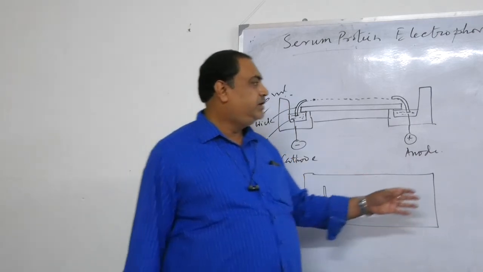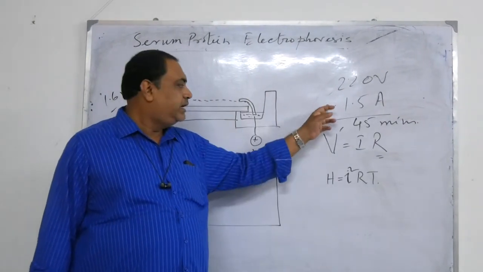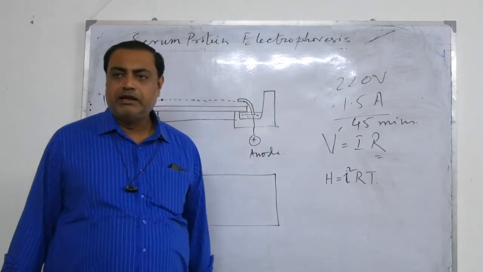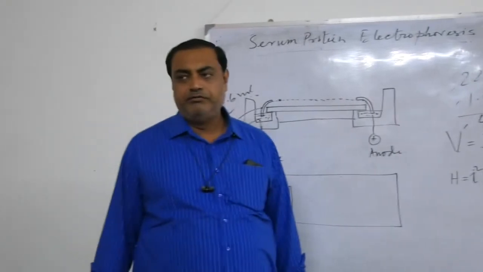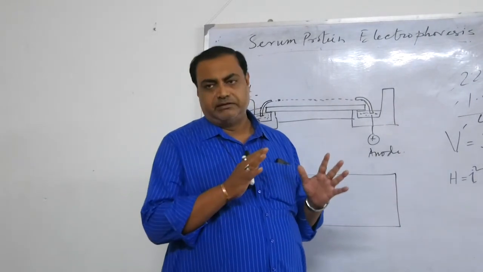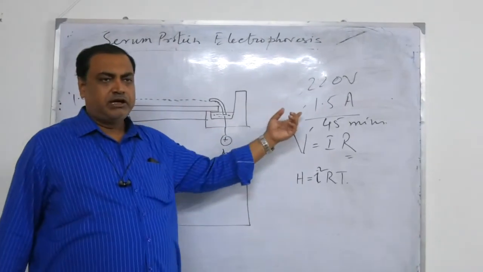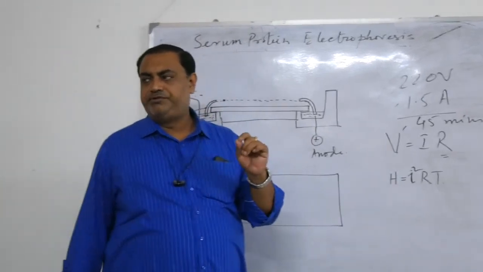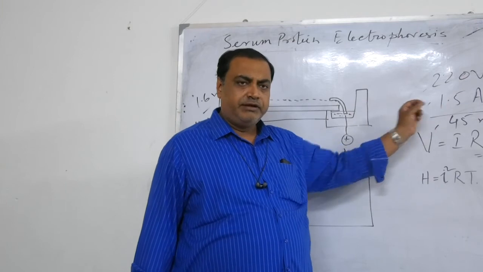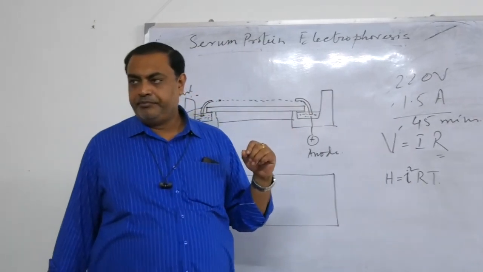So we cannot reduce the current and increase the time. We have to optimize both current and time, and accordingly adjust the voltage. All this is done by an instrument called a power pack, where either voltage or current is kept fixed and the other keeps changing, so that we send the minimal amount of current required for separation in minimal time. Follow?